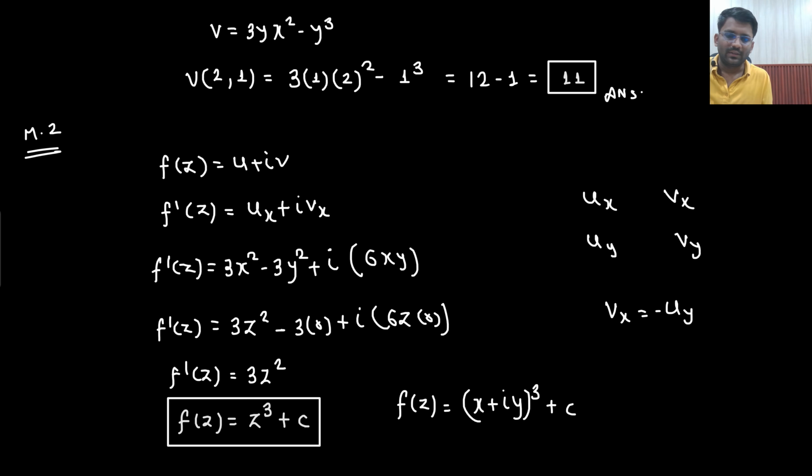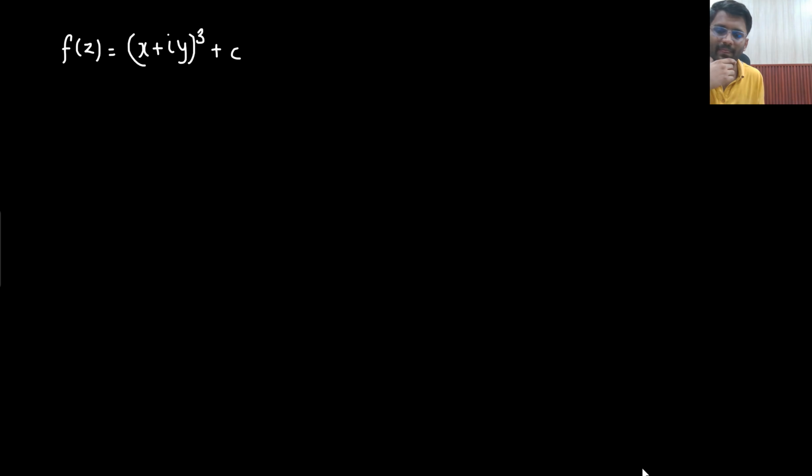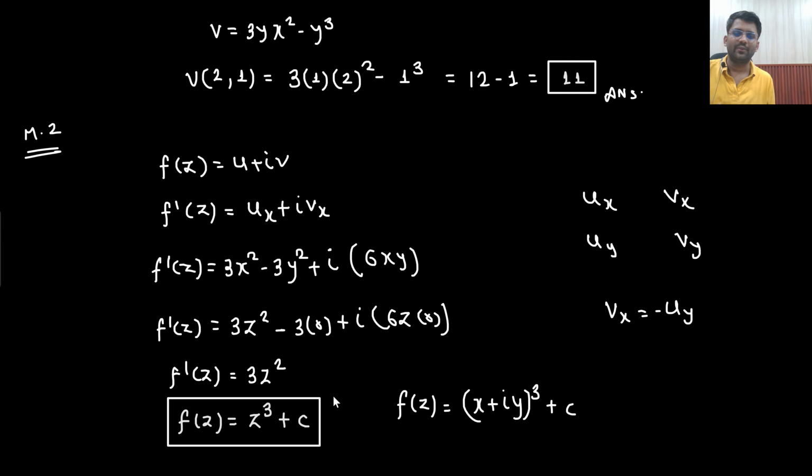Then you will have to solve a cube plus b cube, plus 3a square b plus 3ab square. Let's go to the next page. So this is something that we are supposed to solve. I hope the calculation is going in a correct way only.